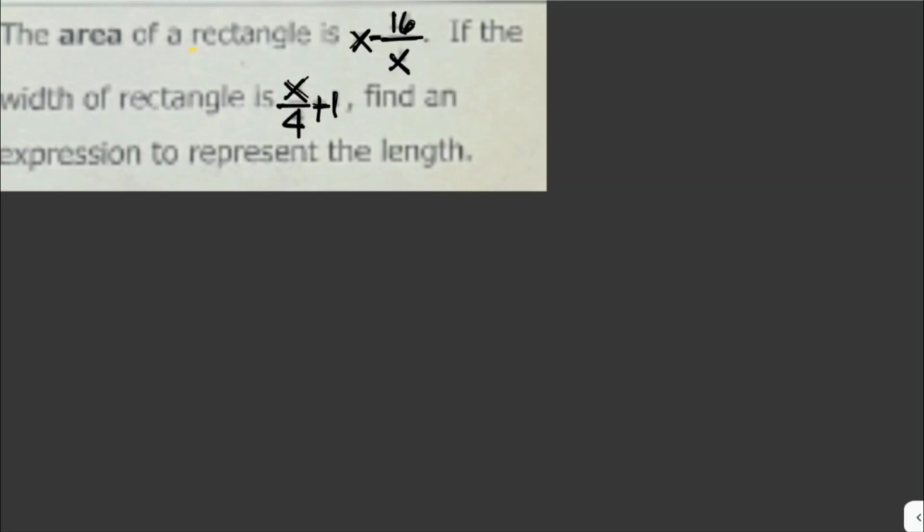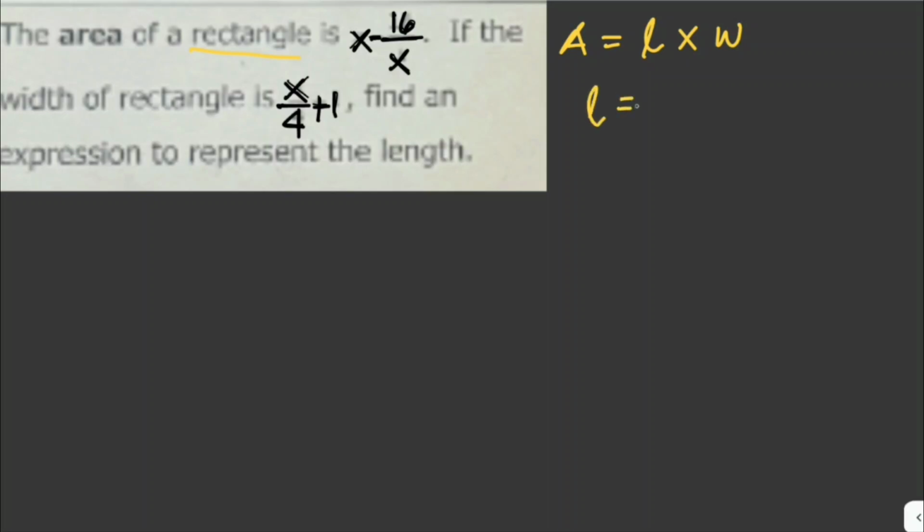So again, this is a rectangle, so the area is just equal to its length times the width. We're given the rational expression of the area as well as the width, and then we just need to find the length.